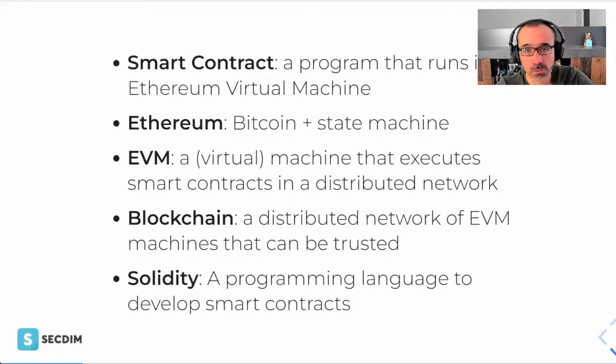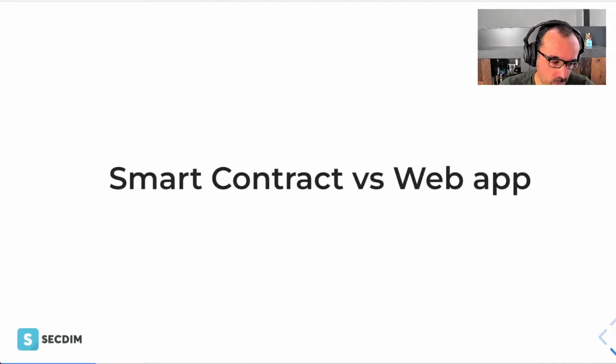In this network, we need a language to build this code, which we will get into in more detail a little bit later. Let me give you an analogy between a smart contract and a web app. Perhaps that can clarify how things are quite different when it comes to the EVM.